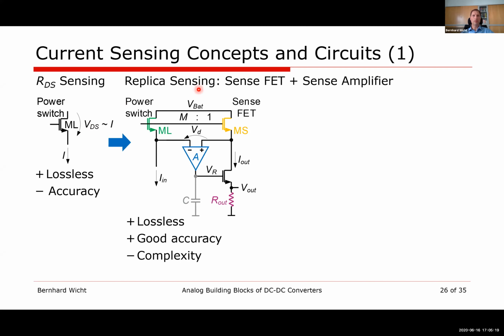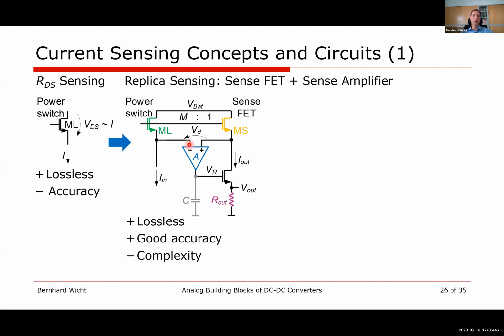It's so-called replica sensing. What we do is we use our power stage and we use a little fraction of that transistor as a sense transistor. So the scaling is here M to 1, while M is typically 1,000 to 10,000 as a scaling factor. So the sense transistor is really small. It's usually placed as part of the power transistor array.